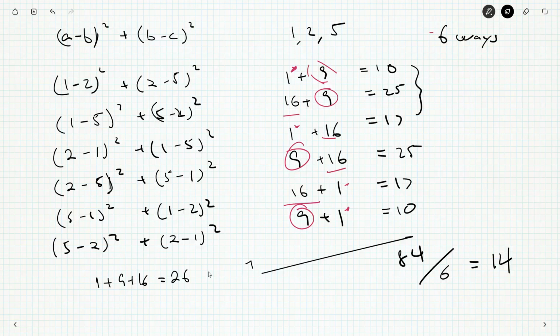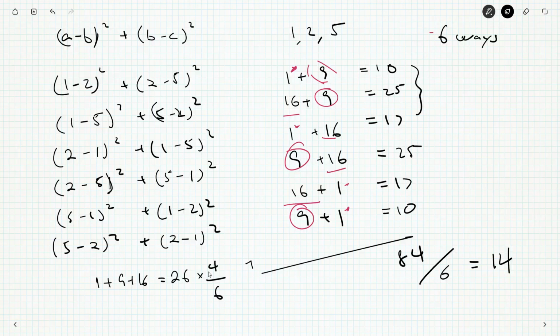I'd really like to know why it's 4, because then it's just 1 plus 9 plus 16 times 4 divided by 6. Right?